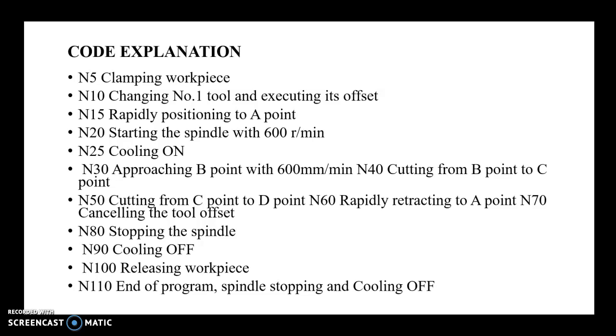N25 is coolant on. Block N30 is approaching point B at 60 meters per minute. Block N40 is cutting from point B to C. Block N50 is cutting from point C to D. Block N60 is rapidly retracting to point A.